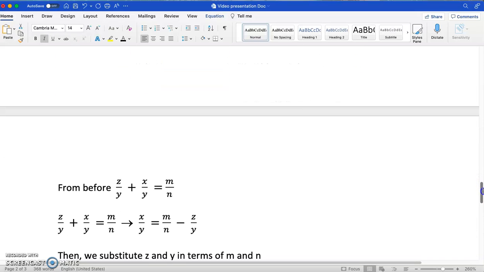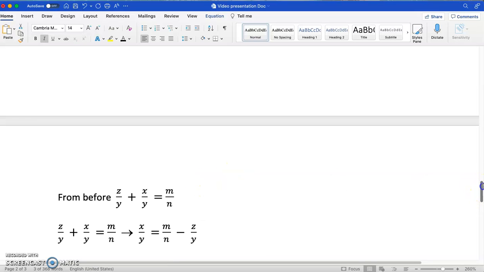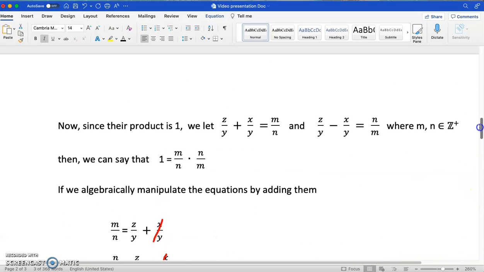Now we're going to look for x. But from before, when we let m over n equal c over y plus x over y, we're going to use this equation here.